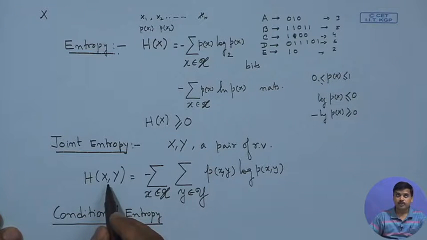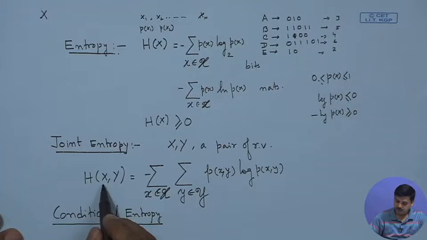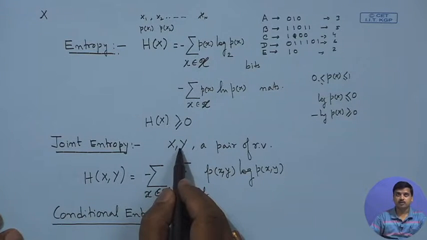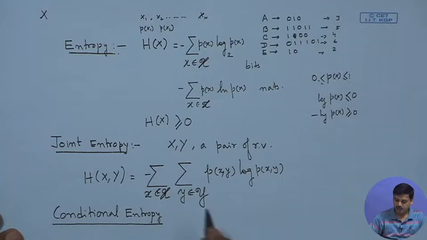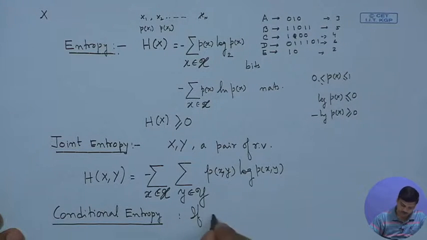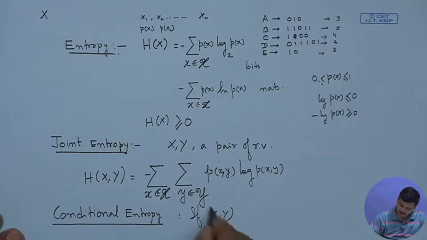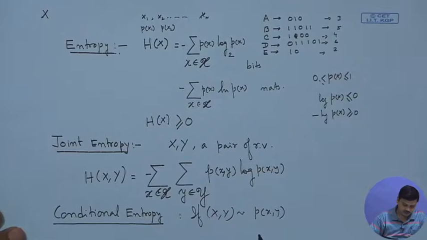For joint entropy, briefly we could say it is the entropy that two sources have together when there are two sources generating it. Conditional entropy: if we say that X and Y are distributed according to p(x,y), then what is the conditional entropy?